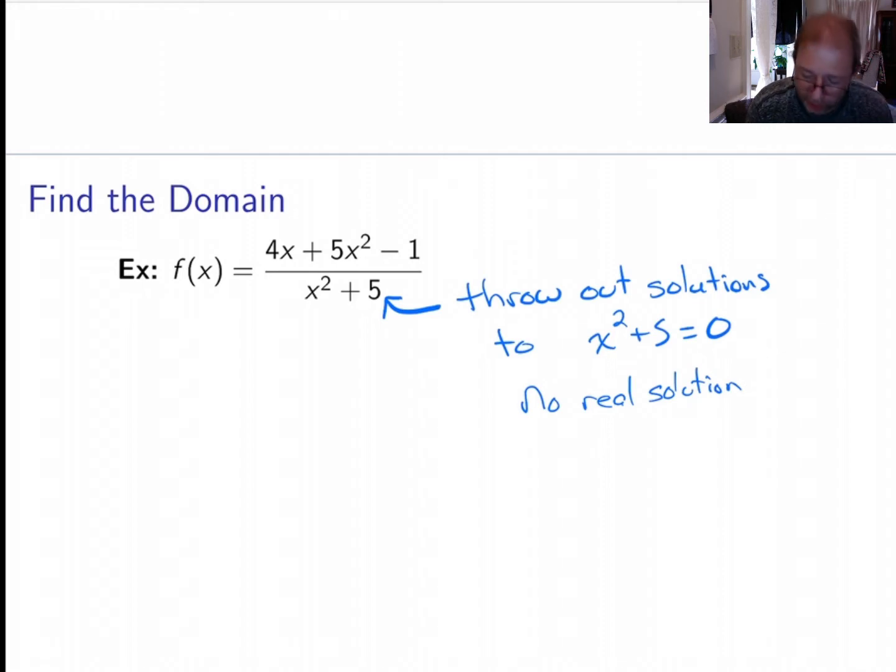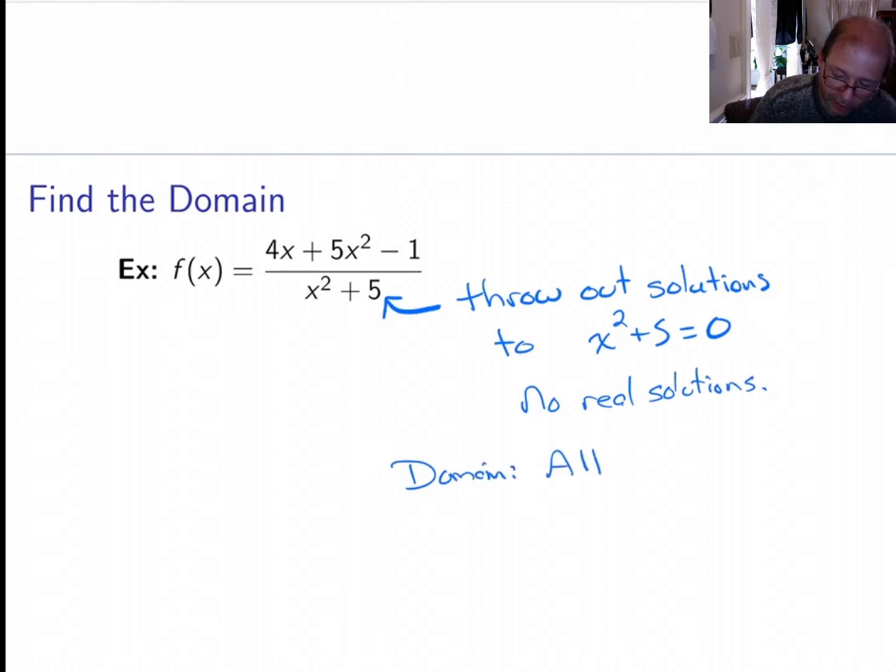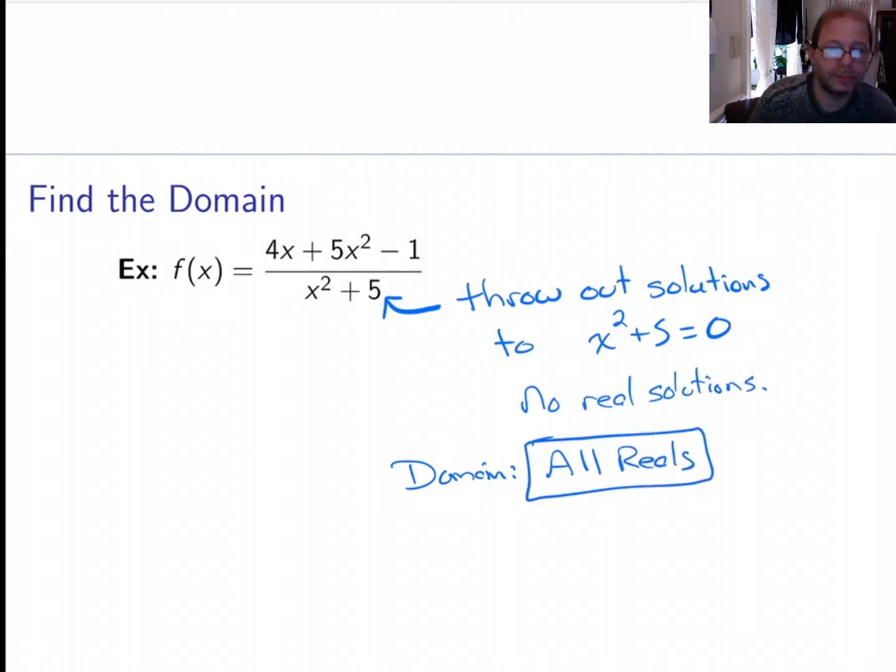So there's nothing to throw away. The domain here is all reals. We could graph this if we wanted to, but there's nothing exciting that's going to happen. There's not going to be anywhere where it's undefined.